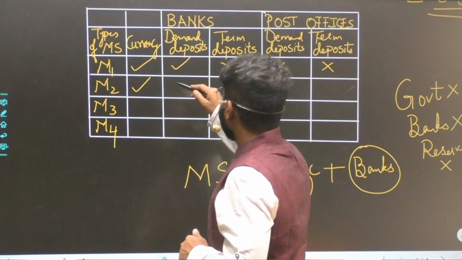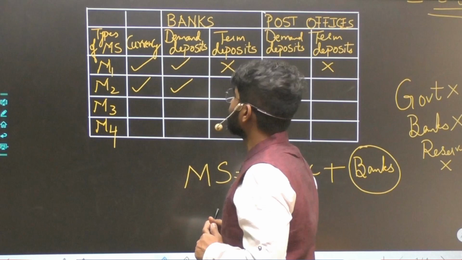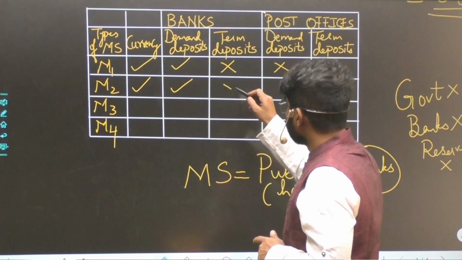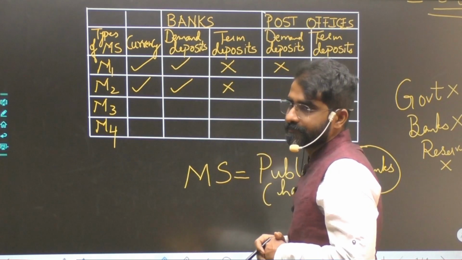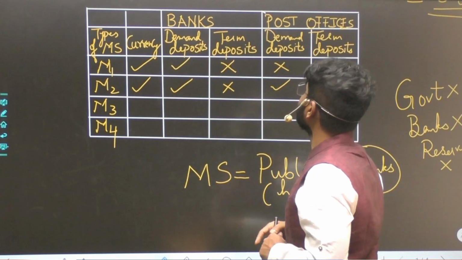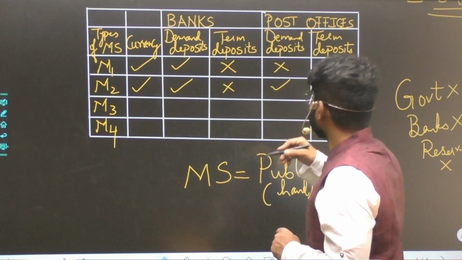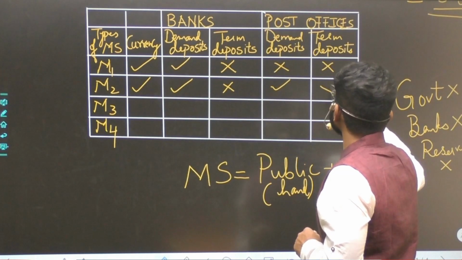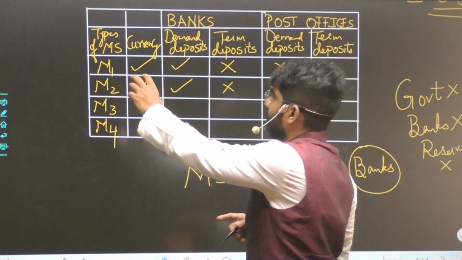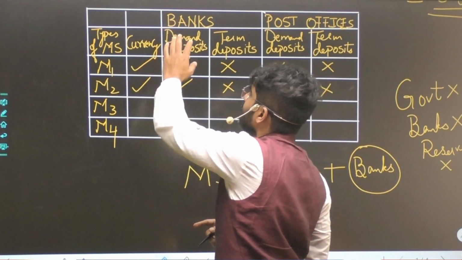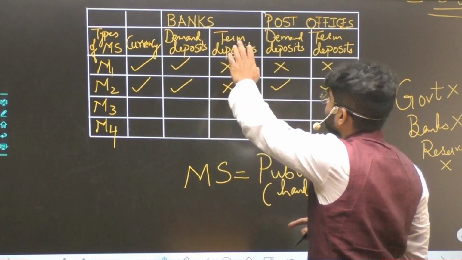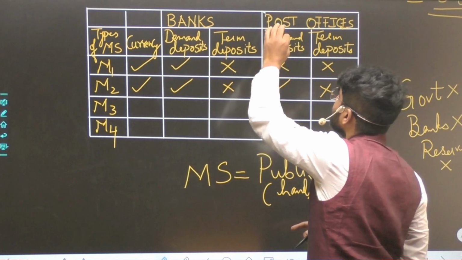It includes the demand deposits with the bank, and it does not include the term deposits with the banking system, but it includes the demand deposits of the post offices, and it does not include the term deposits of the post offices. Now this is the observation here. So M2 includes currency plus the demand deposits.